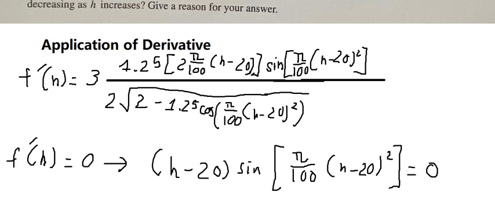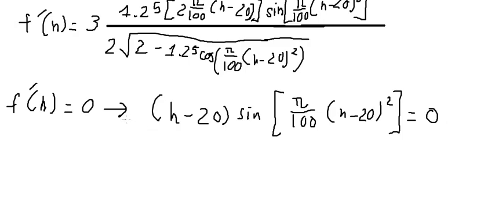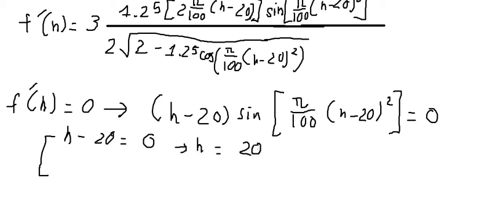So we need to find about the critical points. That's why we need to put first the derivative of the function equals to number 0 in here. So we will have about h minus 20 equals to number 0. So h equals to number 20. And the next one, this one equals to number 0.